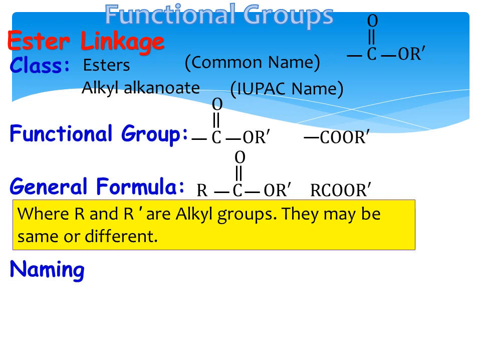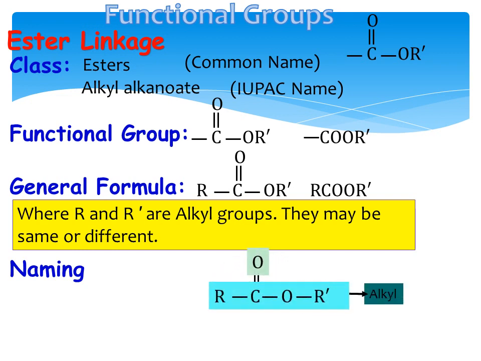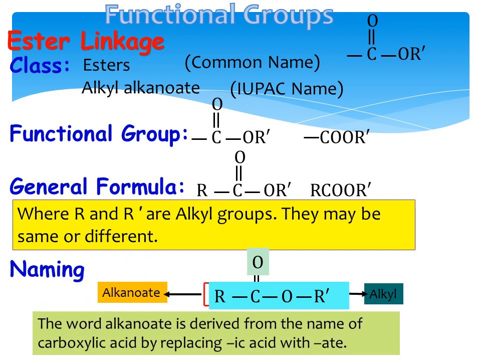As far as the name is concerned, the situation is different, because the R which is directly attached to O should be named first as alkyl, and the whole other part, which is RCOO, is called alkanoate.